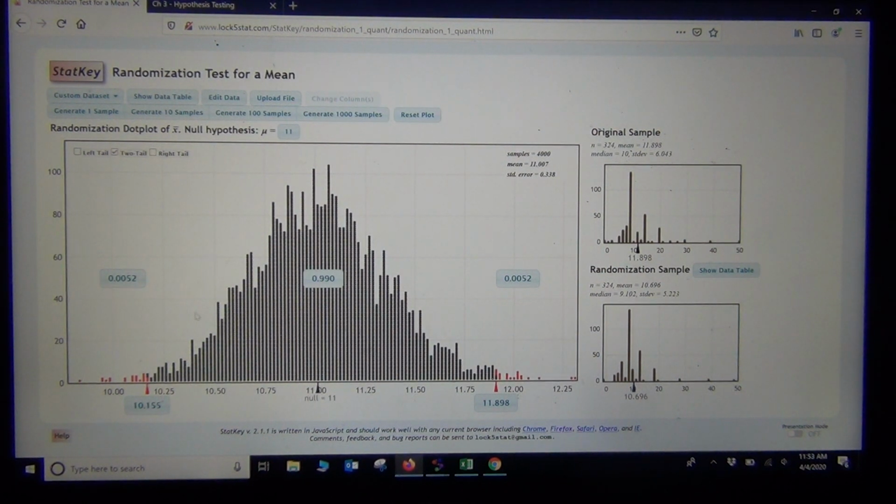But we do need to add these two percentages together to get the estimated p-value. So if I add these two together, we get about 0.0104. Which is still quite a bit lower than our 5% significance level. So we're still going to reject the null hypothesis, and it's unlikely to be sampling variability.